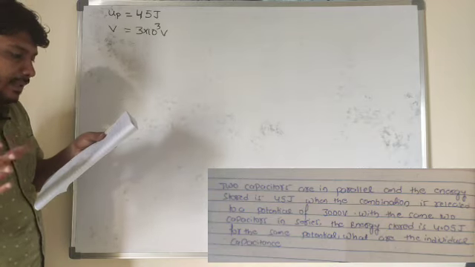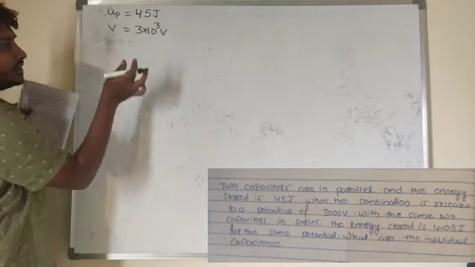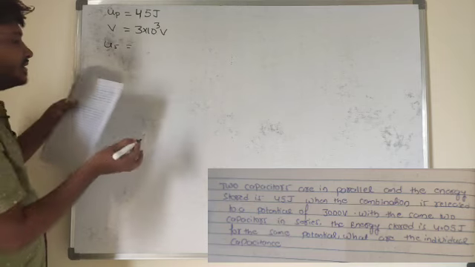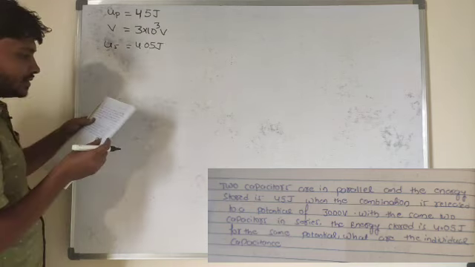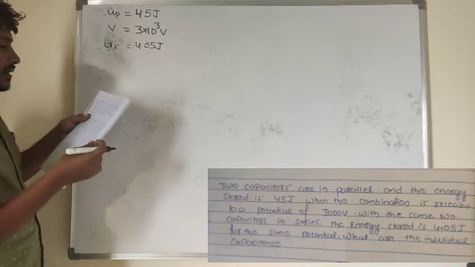If the same capacitors are connected in series, energy stored will be 4.05 joules here for the same potential. So the potential value is the same for both cases.